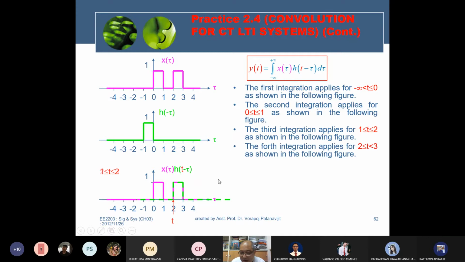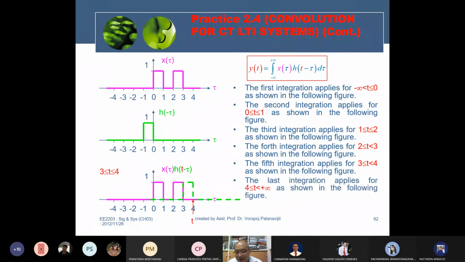The fifth integration is between 3 and 4, when the green rectangle starts to depart from the pink one. And the last case is when it has perfectly left and has no intersection anymore, from 4 to infinity.